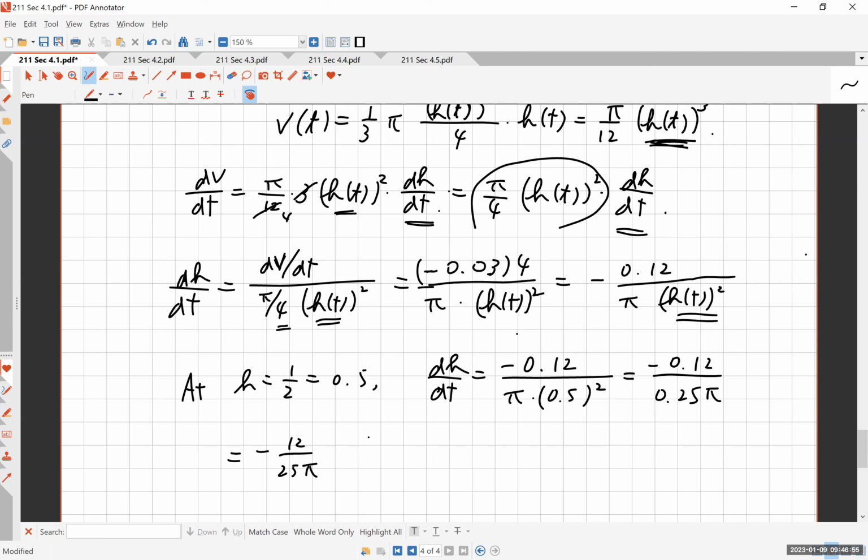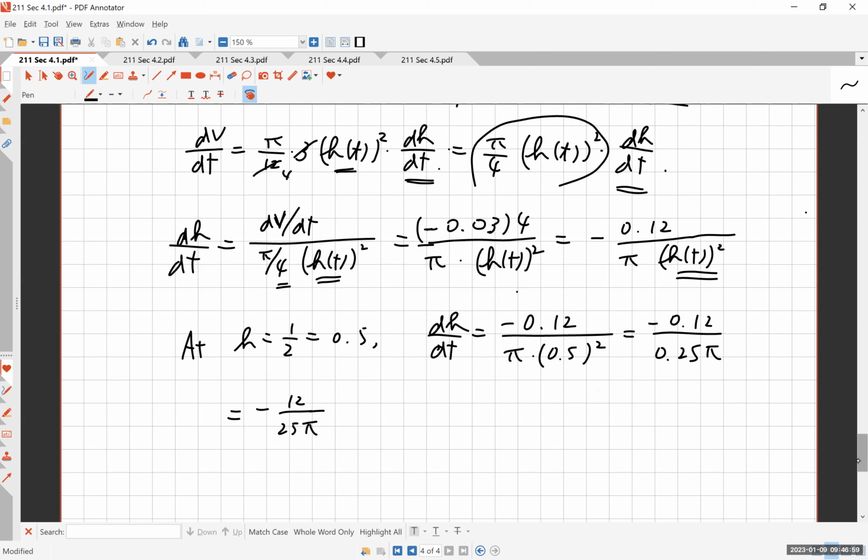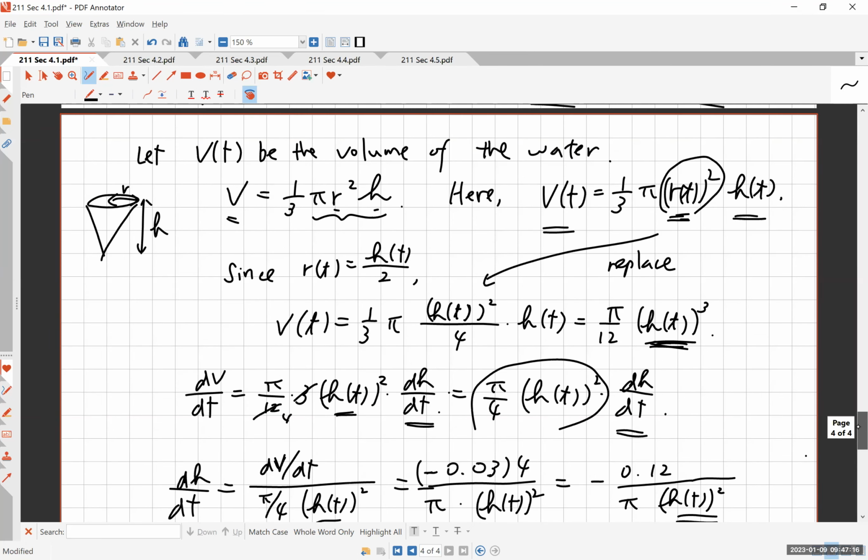All right, take your calculator out. Okay, make sure you put pi in the denominator, not on the numerator, and you will find that the answer is negative 0.153. Okay, that's the easy part. Okay, let's figure out the units. For the units, remember the volume is measured in terms of cubic feet, right?